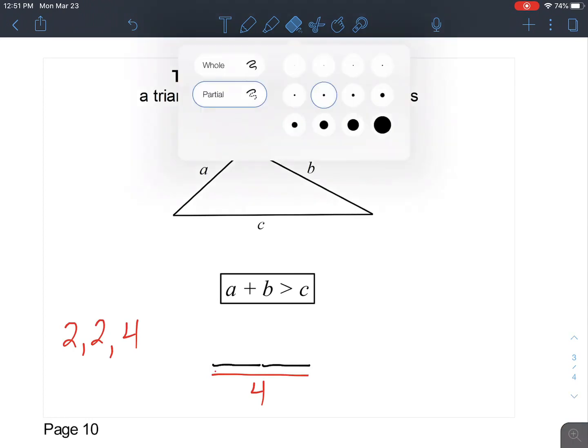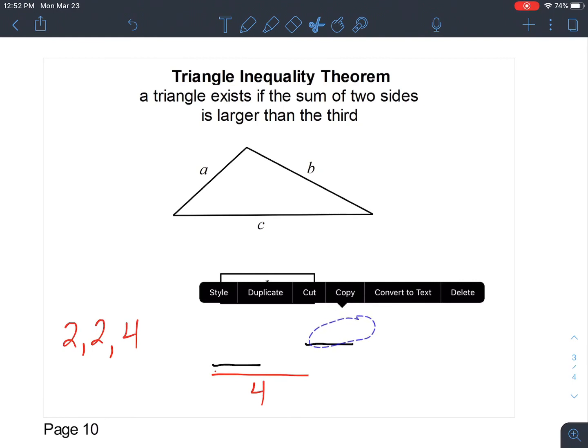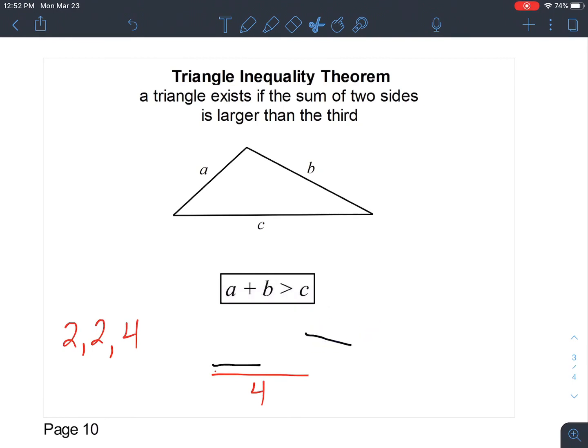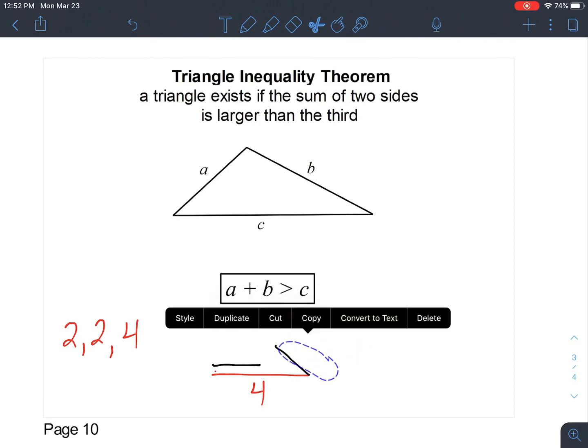So here's what we are going to do then. If both of those black segments that I just made are 2, I am going to take this and attempt to rotate it without changing its length.